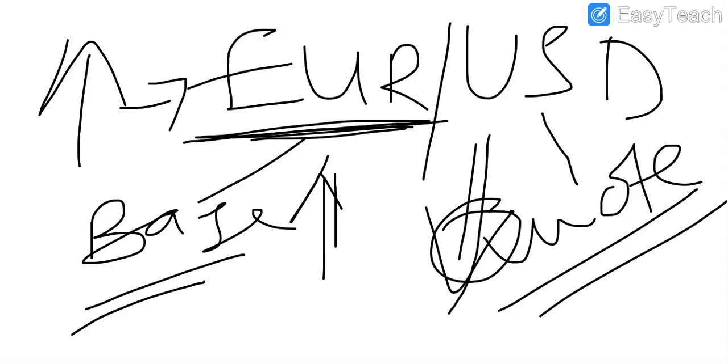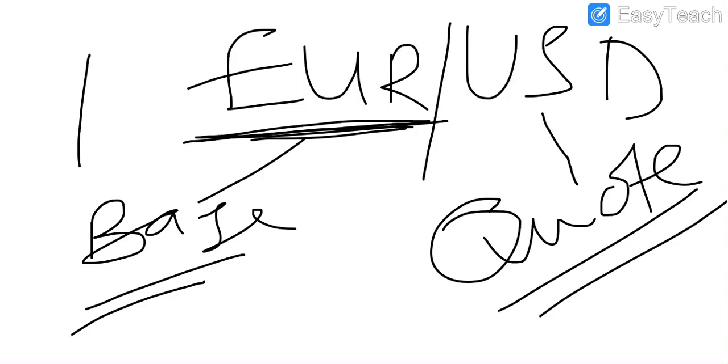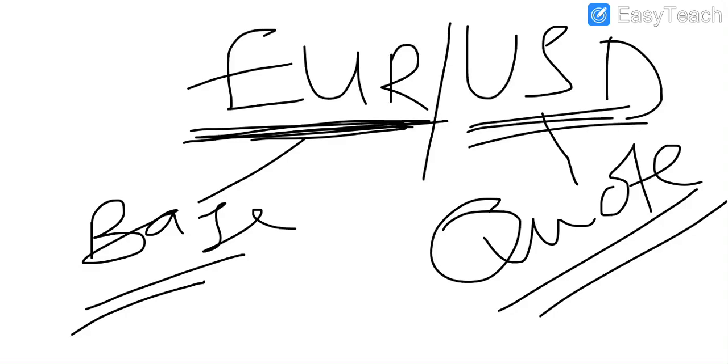That is the difference, but let us not confuse ourselves there. We understand buying and selling. I just want you to understand what we call currency pairs: the euro, your first currency, is the base currency, and the second one we call the quote currency.